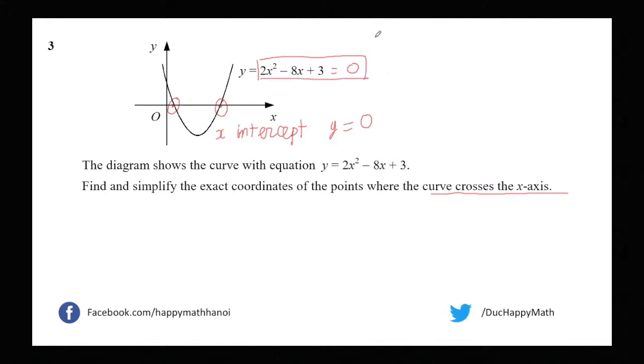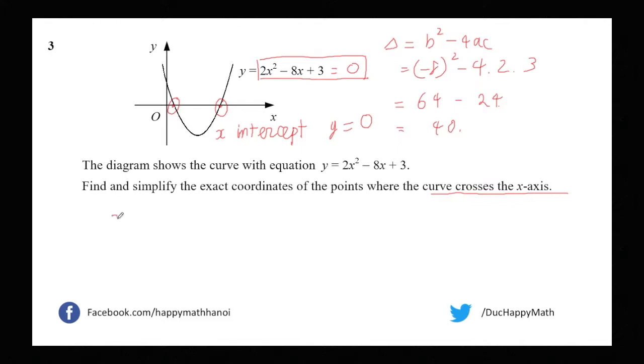So this one becomes a quadratic equation. For a quadratic equation you have to find the delta first. The delta here is b squared minus 4ac. It means the minus 8 squared minus 4a and c. 64, and this is 8, and 24. So this one is 40.